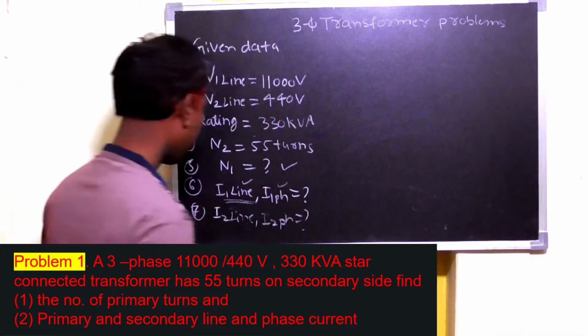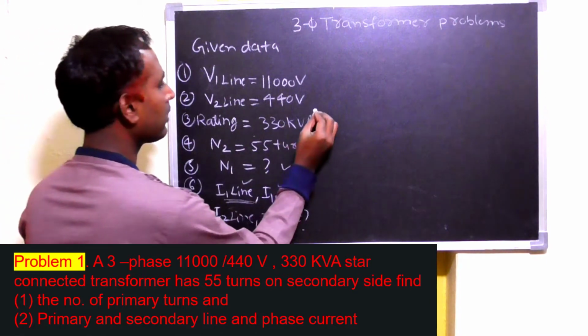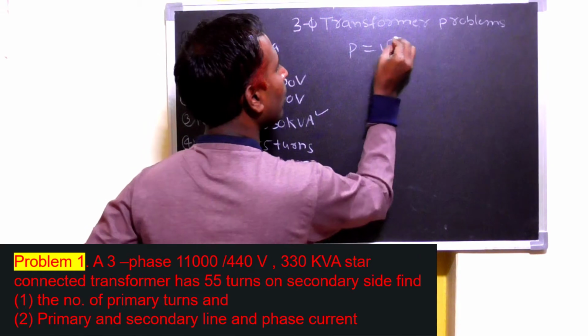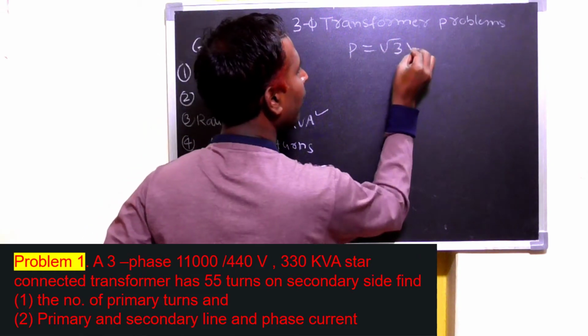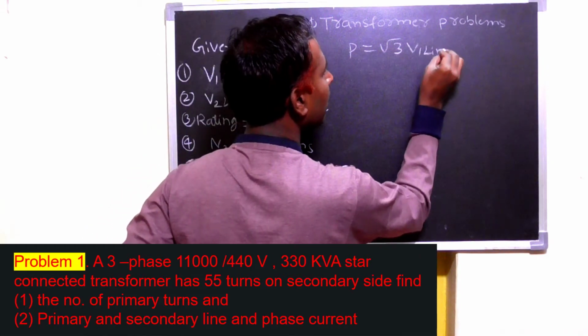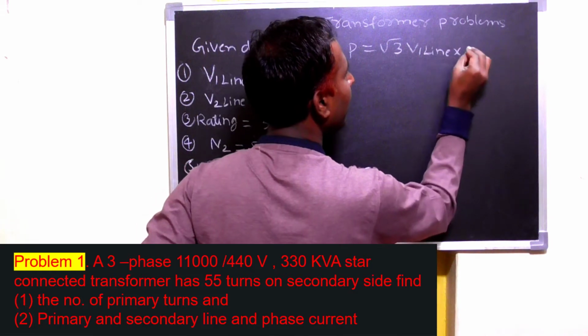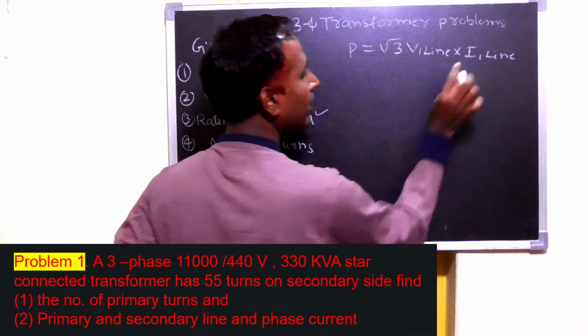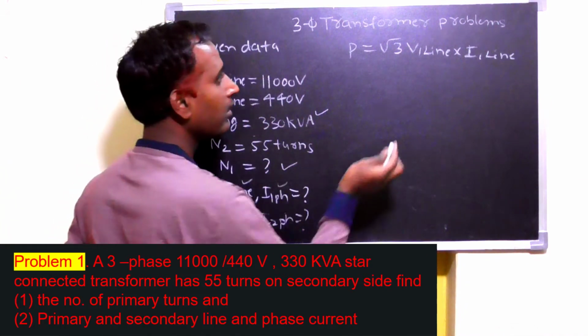We know that the rating is 330 kVA. The formula is P equals √3 into V1 line voltage into I1 line current. Here I1 means the primary line current, and V1 is the primary line voltage.